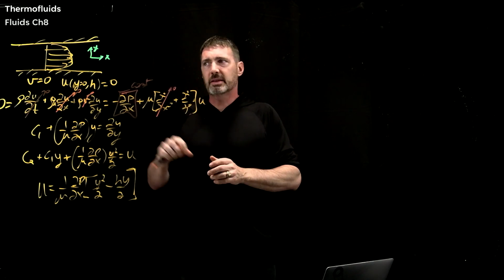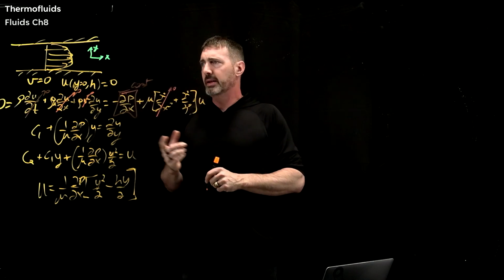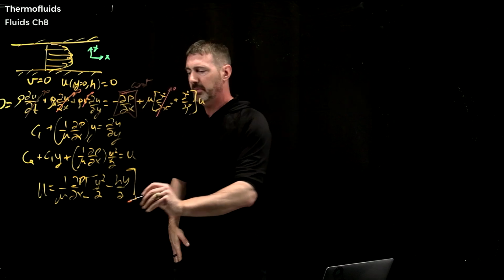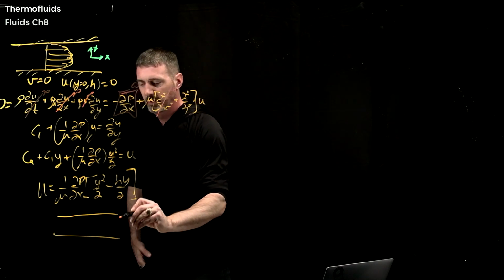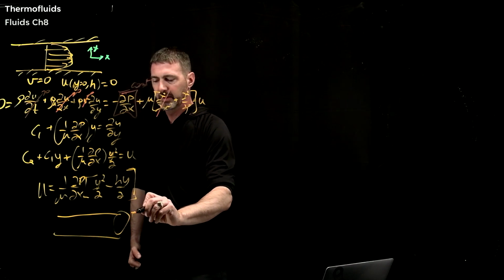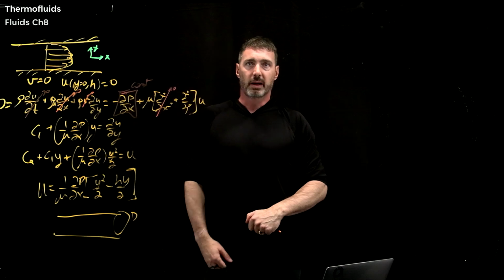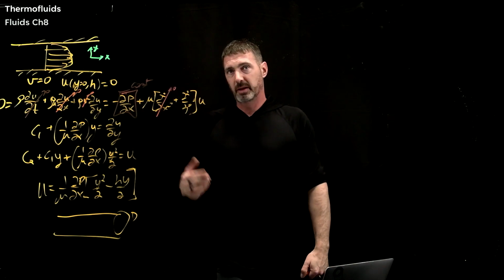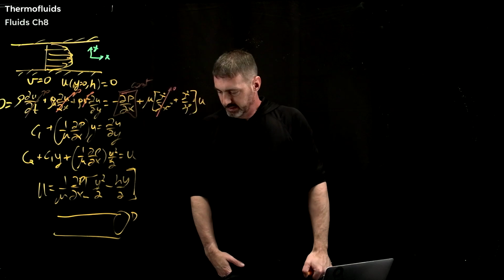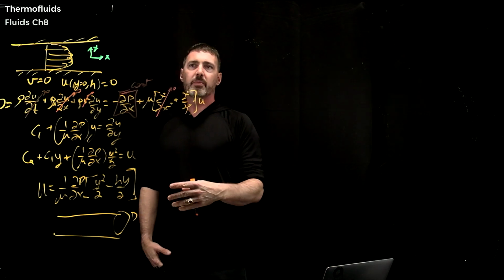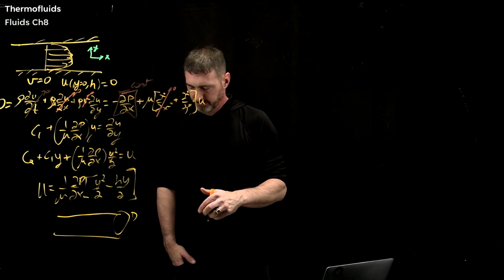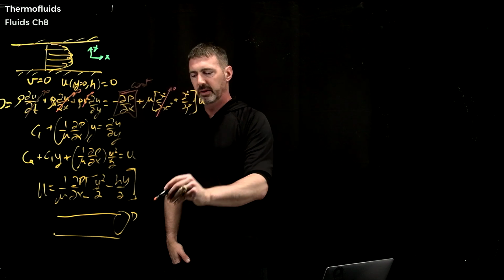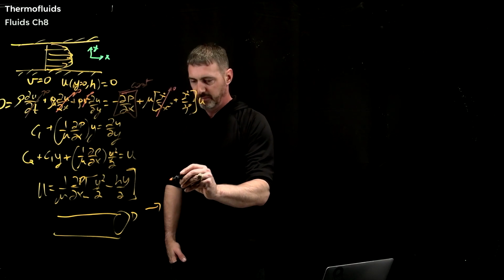Okay, so that's kind of channel flow, and you can repeat this in a pipe. So you can come back in here and do it as a pipe with diameter d, if you will. You'd have to start with the polar cylindrical coordinates, and you still end up getting a parabola. But what you can do with the pipe, where this becomes a little bit more interesting, is you can actually solve for the flow rate, q.